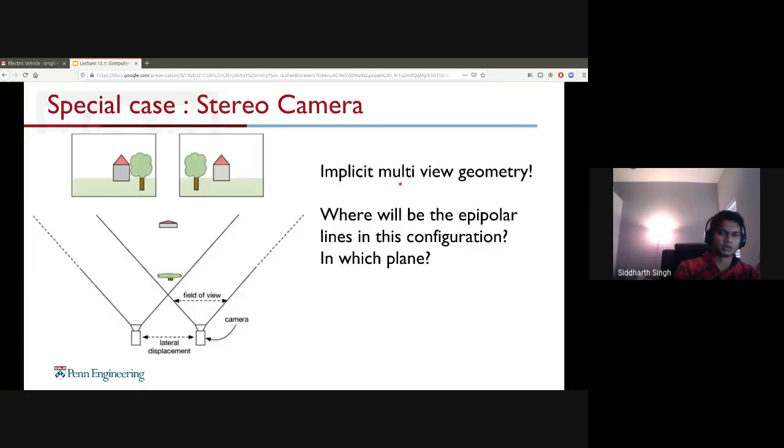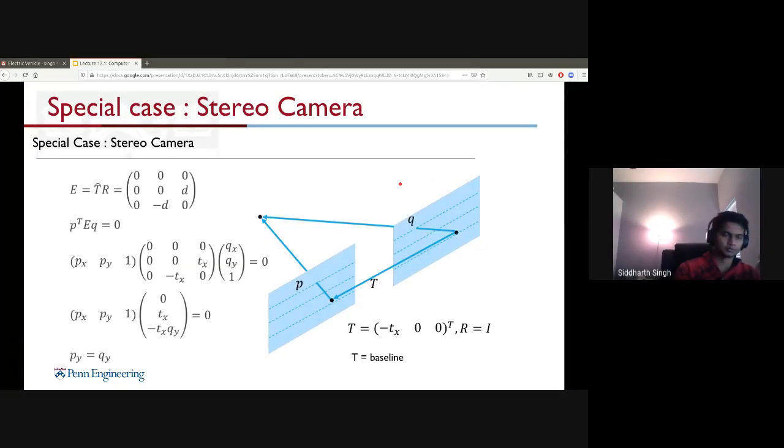But in the case of a stereo camera, the cameras are in my hands, and I have the freedom to place them as I want. So the T and R that we were initially trying to find are actually known to us. So we do know the essential matrix, right?